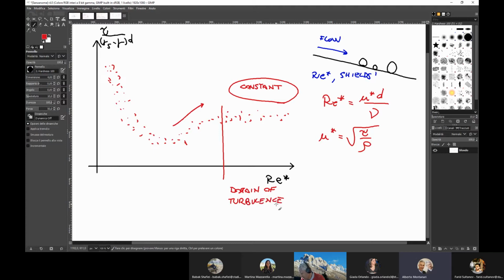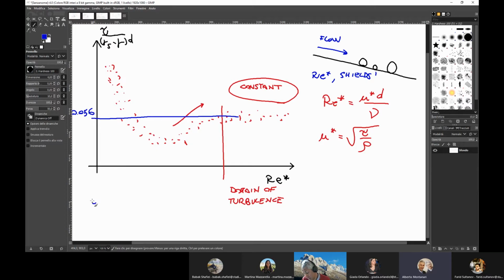Okay, and what is this constant value? This confirms that indeed the Shields number is more or less constant when the flow is highly developed. The value of this constant is about 0.056.